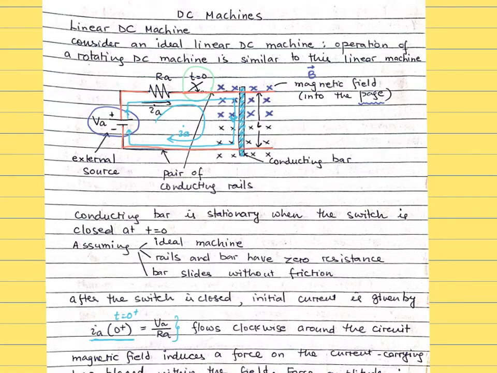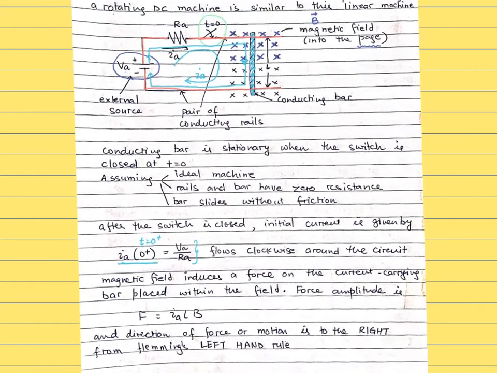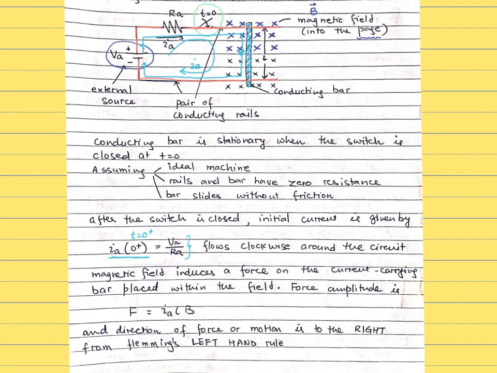Now you have a current carrying bar. This bar is not just a conducting bar, it's a current carrying bar. There's a current flowing through the bar, IA. A current carrying bar is placed inside the magnetic field. Once you have a current carrying conductor placed inside the magnetic field, it will experience force.